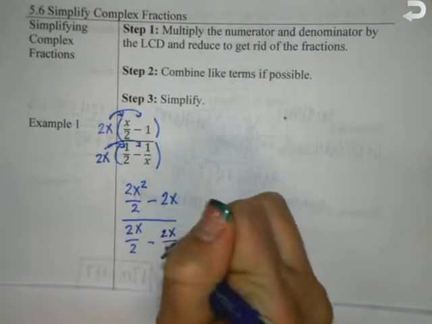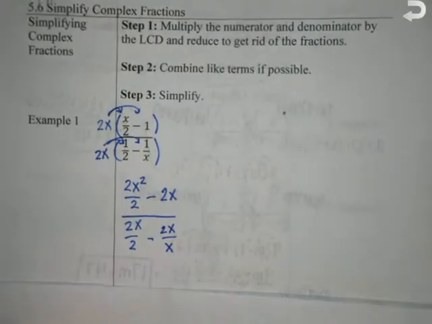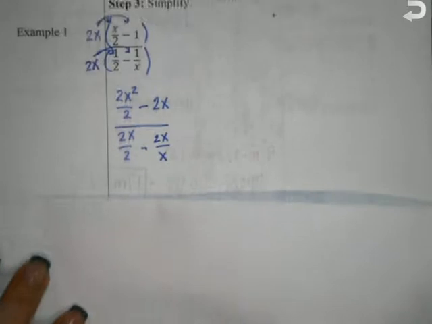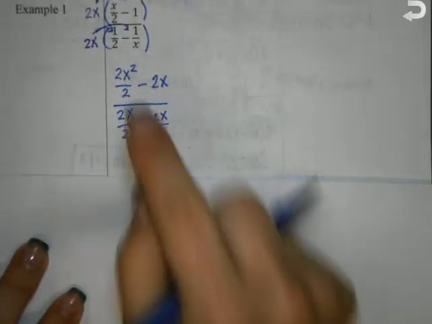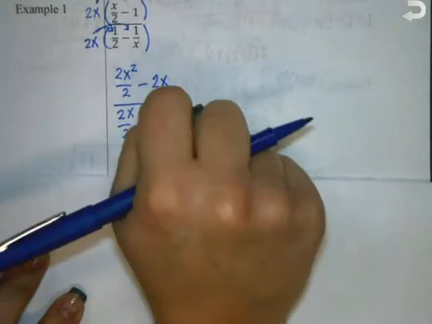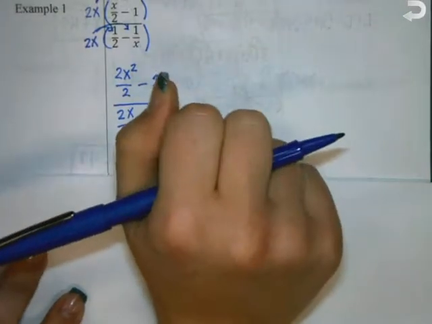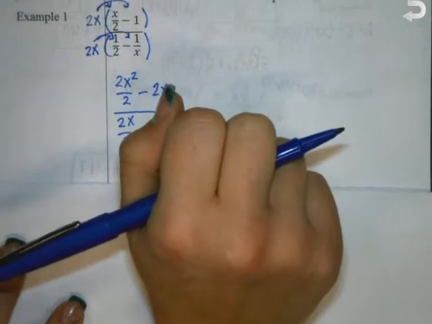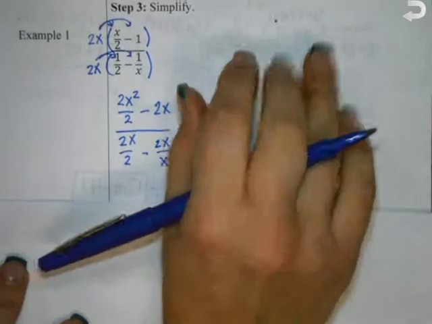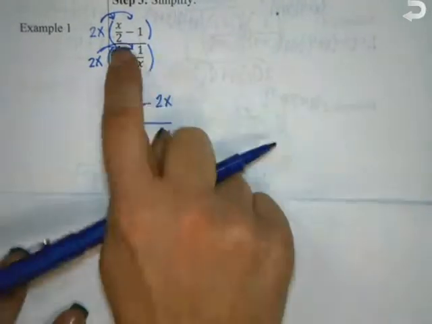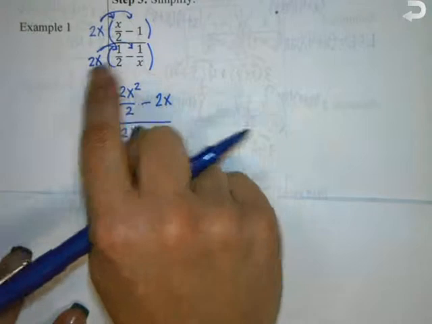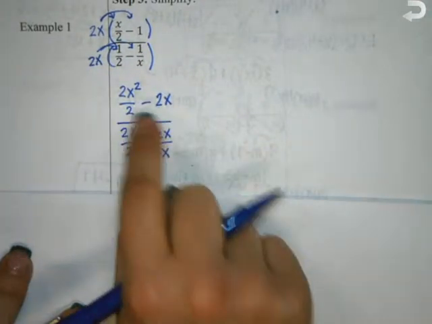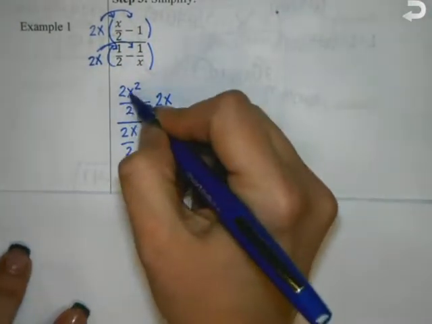Is everybody okay with this so far? All I did was distribute, and I'm multiplying the numerators. Why would the bottom be 2x? We are not trying to get a common denominator. We are trying to cancel these fractions. So let's look at what we have. 2x squared over 2, what happens?